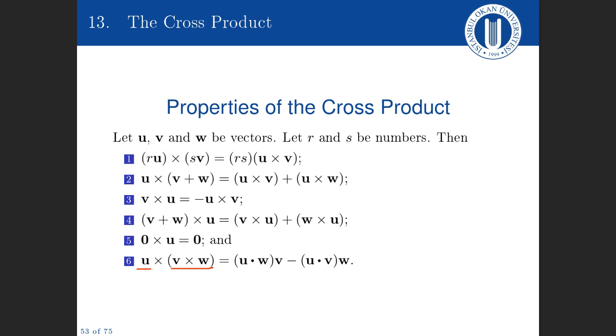So on the left, we're doing vector cross vector, which is equal to a vector. On the right-hand side, U dot W is a number, and U dot V is a number. So on the right-hand side, we have a number multiplied by a vector, that's a vector, minus a number multiplied by a vector, which is a vector. We also have vector on the right.